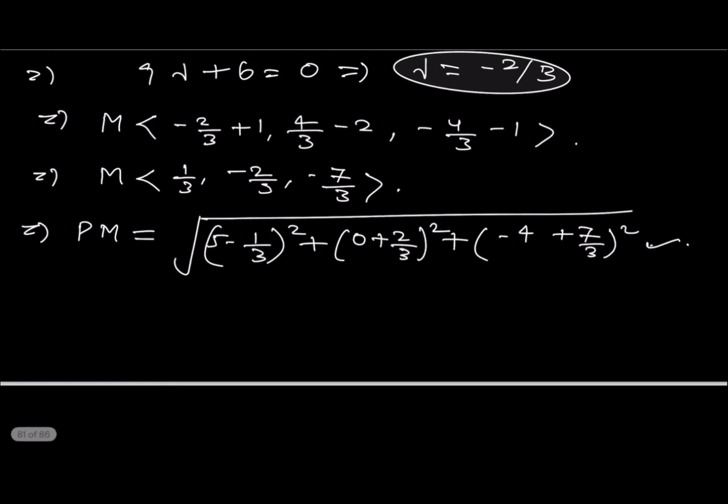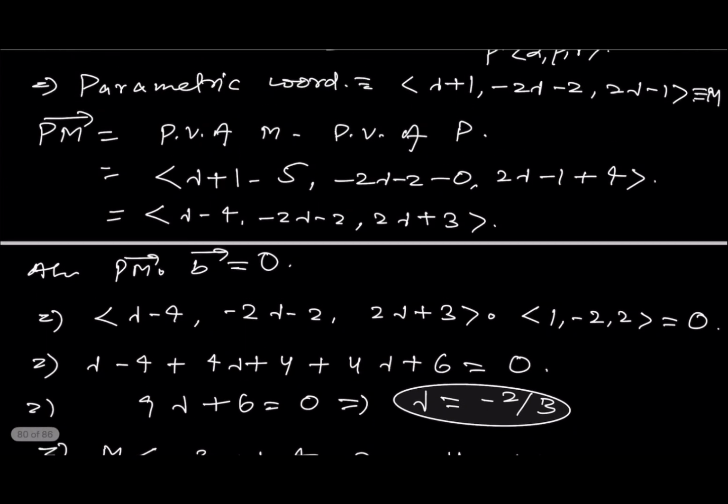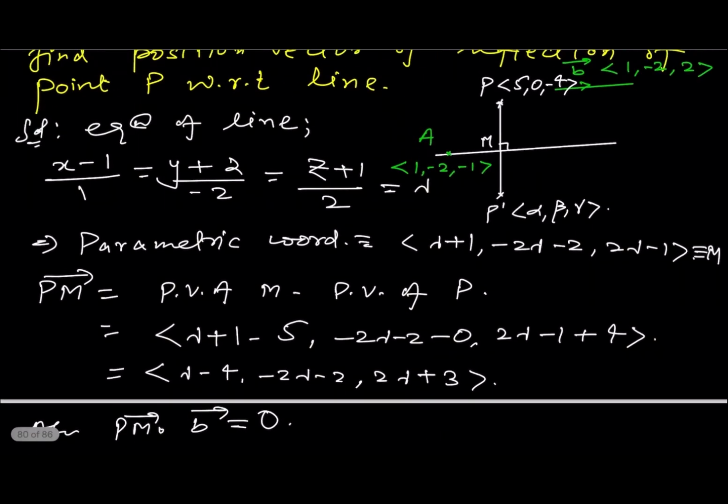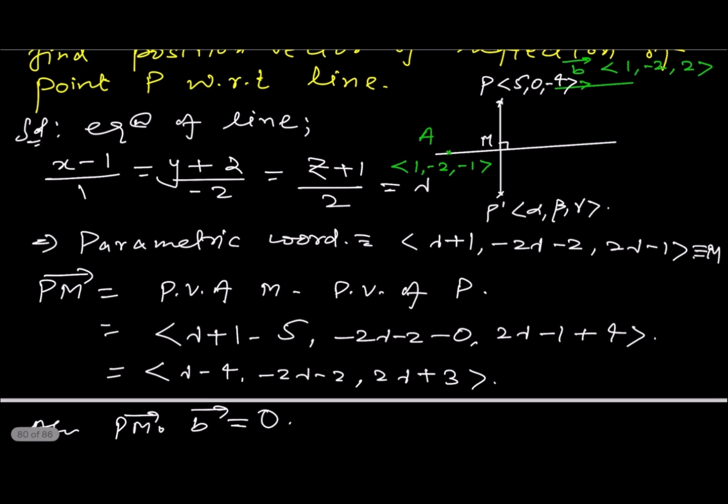And now I have to find one more thing also. P dash means the reflection of P. So you know very well, the reflection of point P is at the same distance from the line as point P. So you can say M is the midpoint of PP dash.